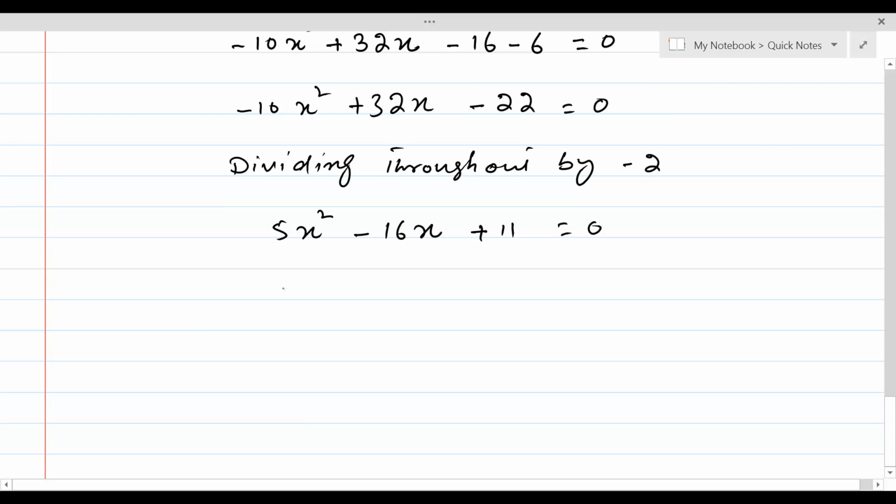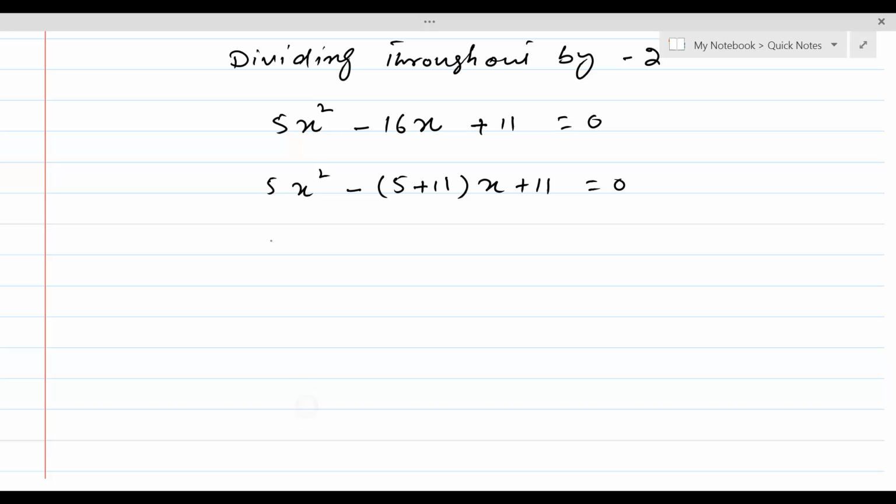So this will be equal to 5x square minus, instead of writing 16, I'll write it as a sum of 5 and 11, x plus 11 equal to 0. And here we have 5x square minus 5x minus 11x plus 11 equal to 0.